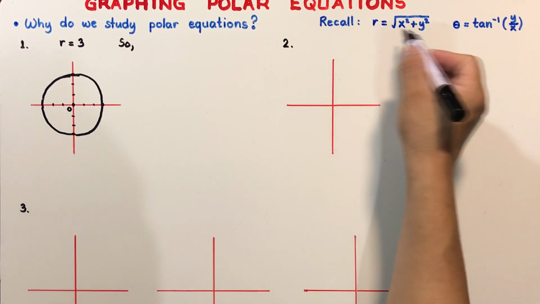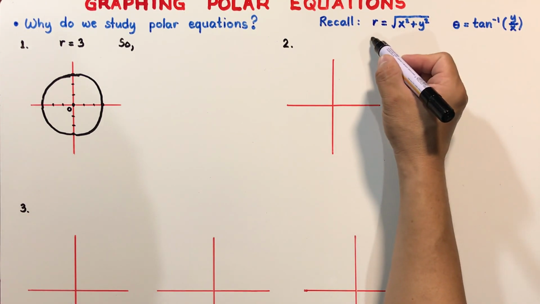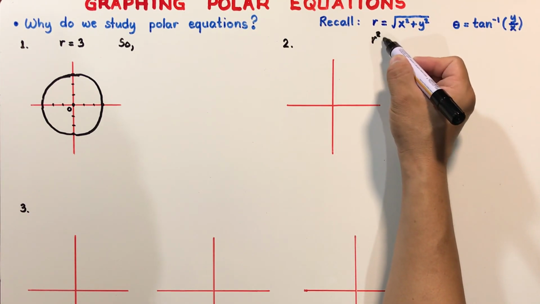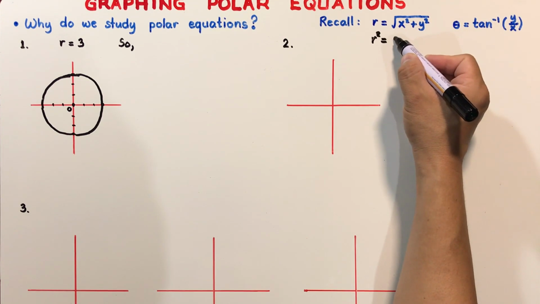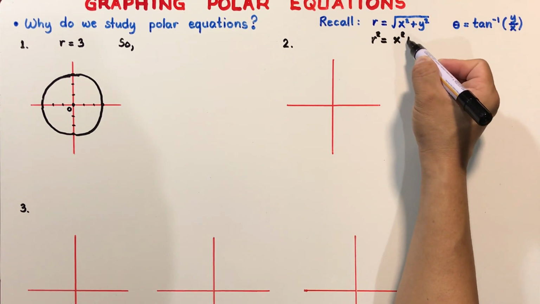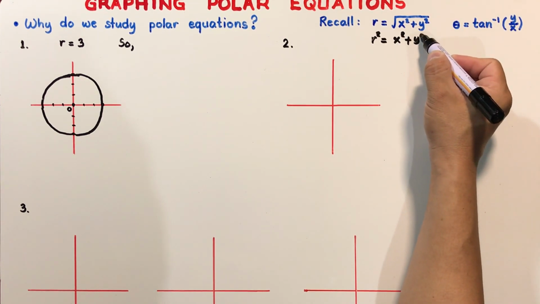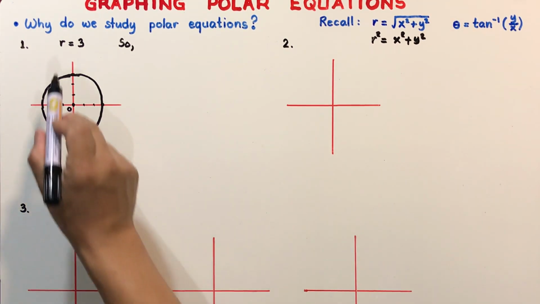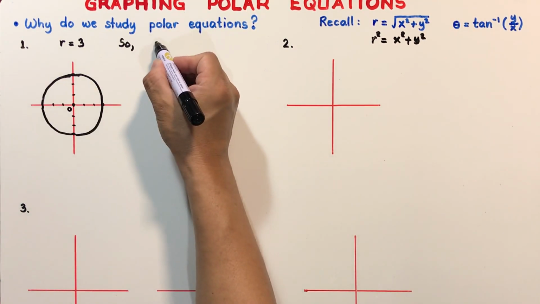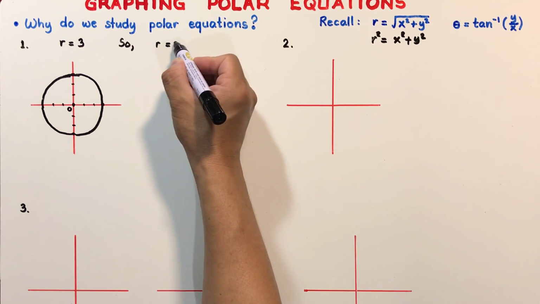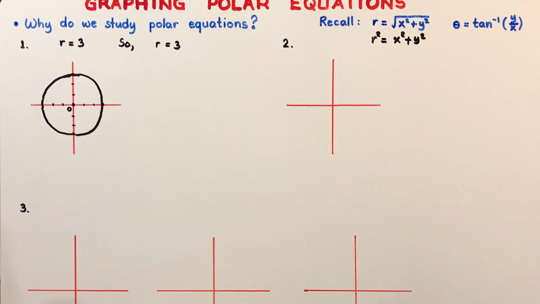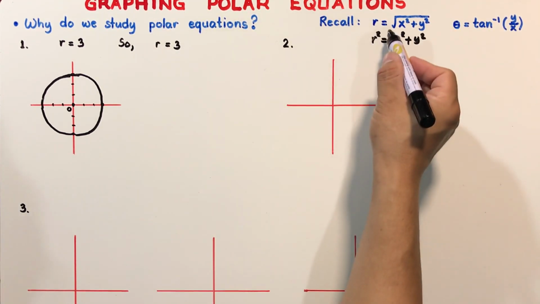So this equation, I can square both sides and say r squared is equal to x squared plus y squared here.